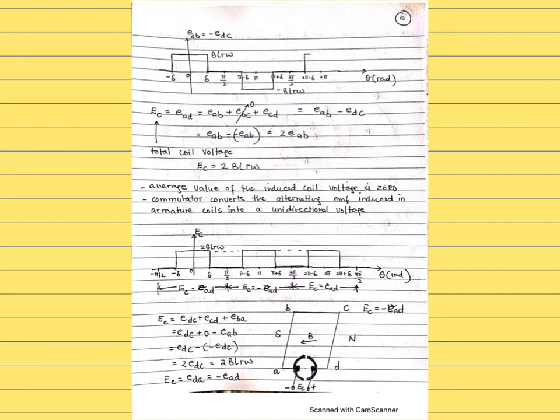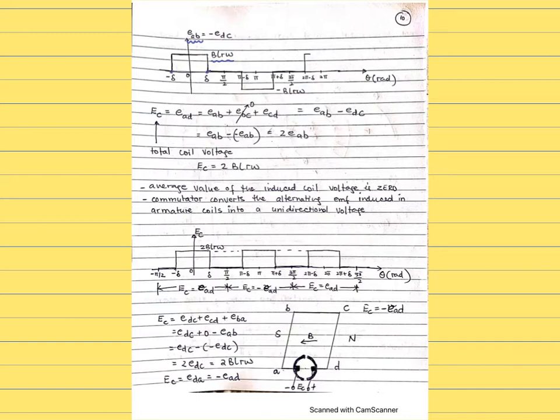Okay, so now this is the graph for E A to B, only E A to B. So E A to B has a value BLR times omega when the conductor passes through the right-hand side air gap.